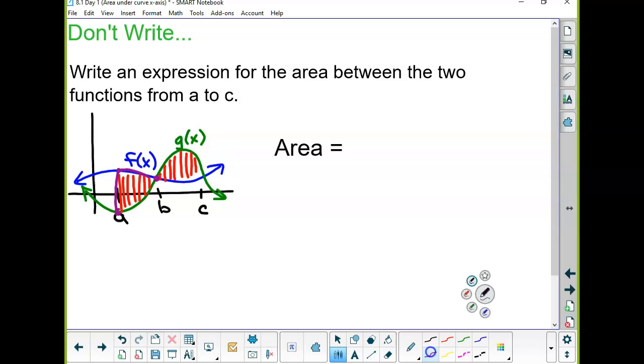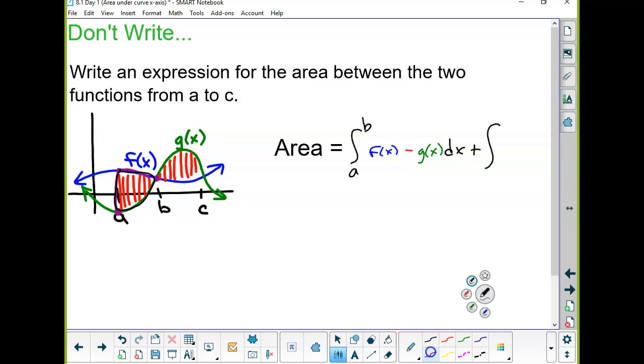So what is the first area from A to B? And then which function is on top here? It's the blue f of x minus the green g of x dx. Plus. Now we're going to do, and that'll give us this area of this first unit. Now I have to do the second piece.